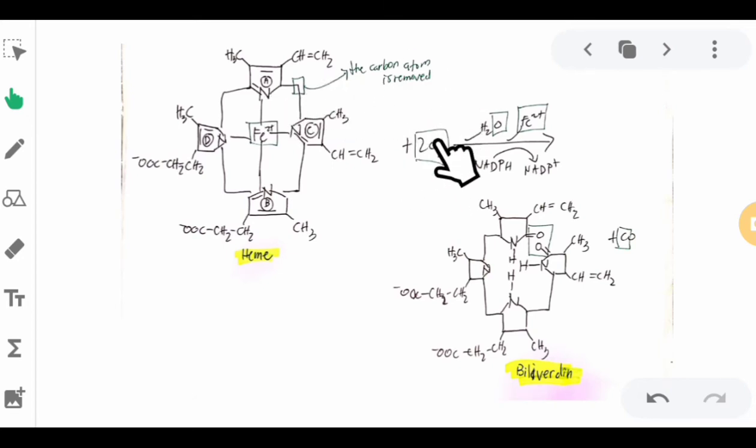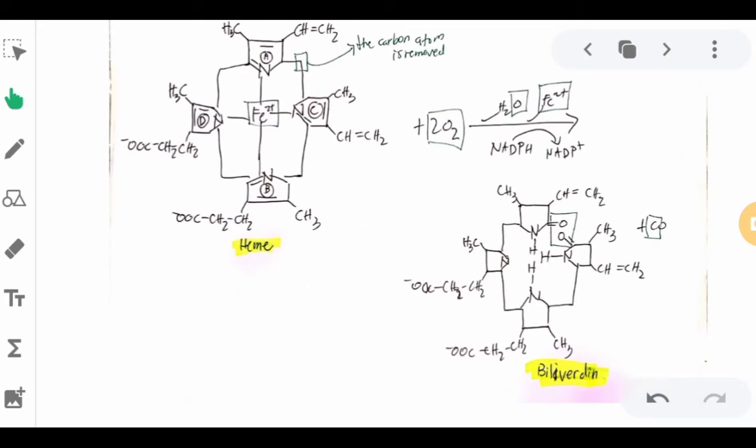When that happens, 3 important components will be released: water, the iron, which is released as well as ferritin, and that will be used again in the synthesis of new hemoglobin molecules. Then we consume the reduced form of nicotinamide adenine dinucleotide phosphate, NADPH, and that will be converted to its oxidized form. When that happens, the heme will now be biliverdin. This is the new form.